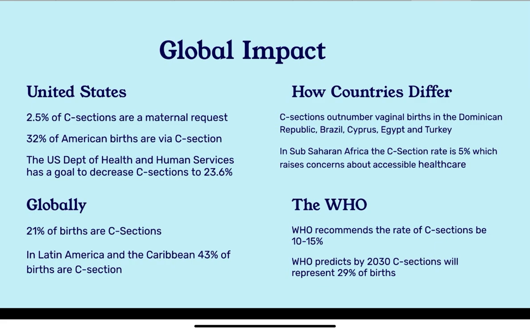And then in sub-Saharan Africa, the C-section rate is 5%, which raises concerns about accessible healthcare because C-section is not the method that you want to start off with, but it is a medical intervention that can save the baby and the mother. So when numbers are that low, sometimes we wonder, do women have proper access to care?